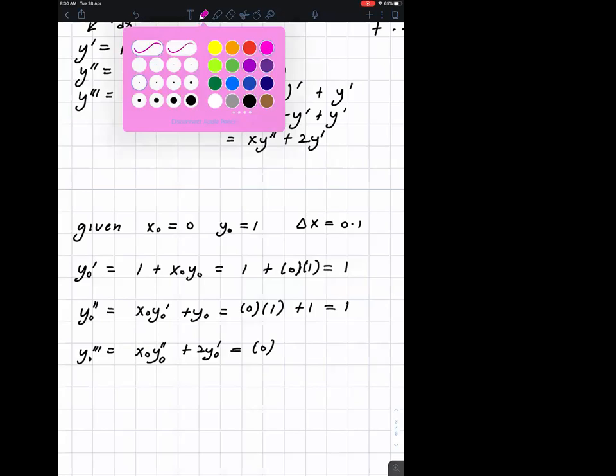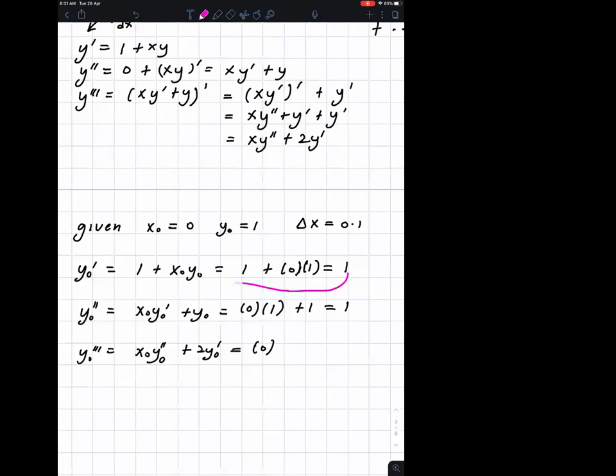So this value comes from here. This value comes from here. Then this value, y naught triple prime, comes from here. So you need prior values. You need to evaluate prior values before finding the subsequent values for the next derivative. So x naught here is 0.